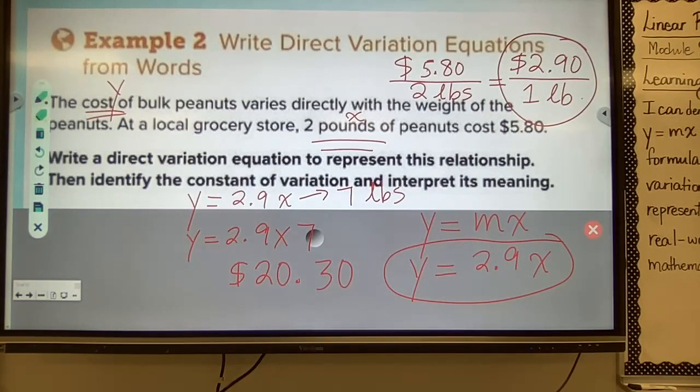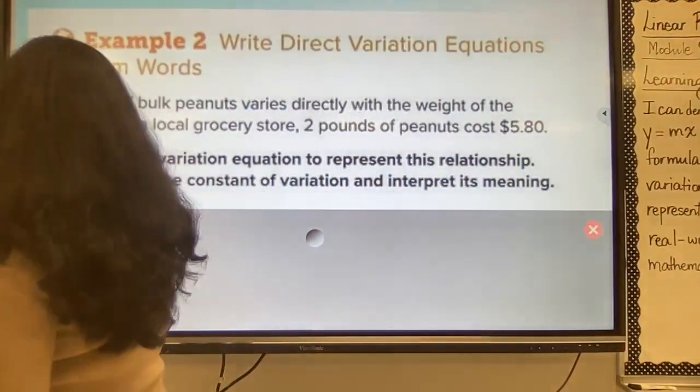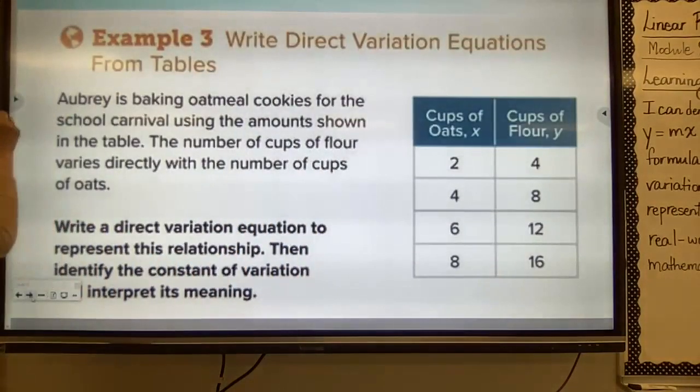All right. So let's now quickly do one last problem in which we're writing direct variation equations from tables. So let's look at this.